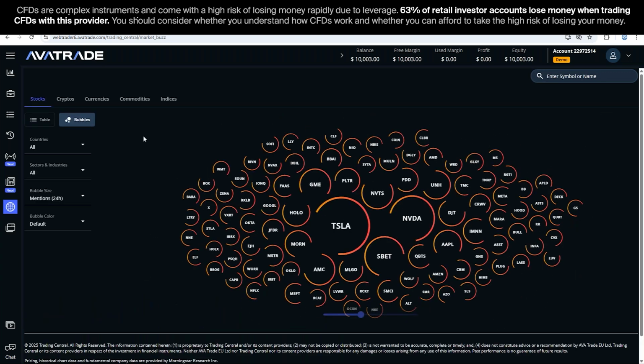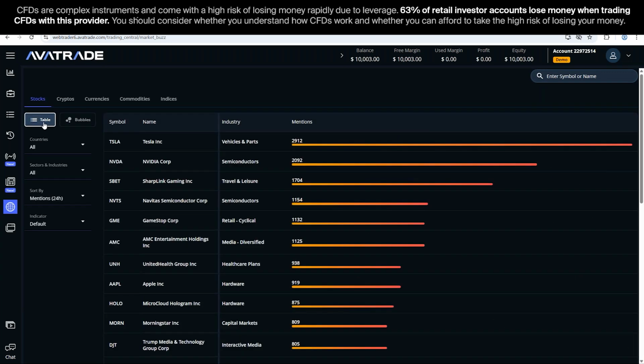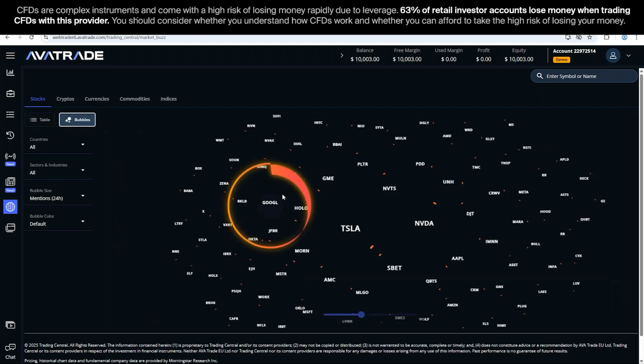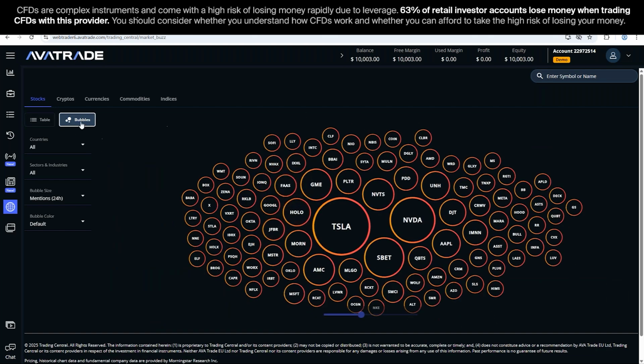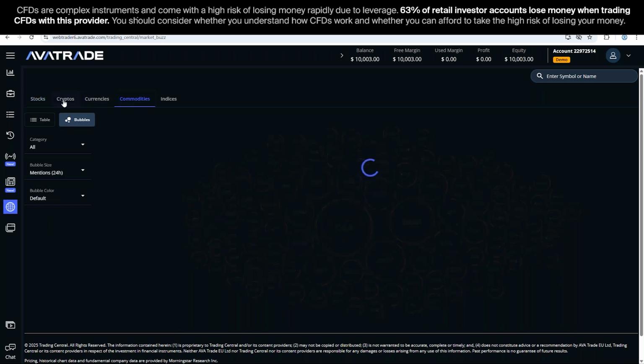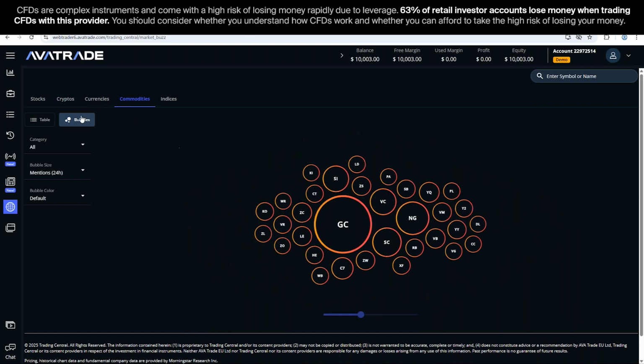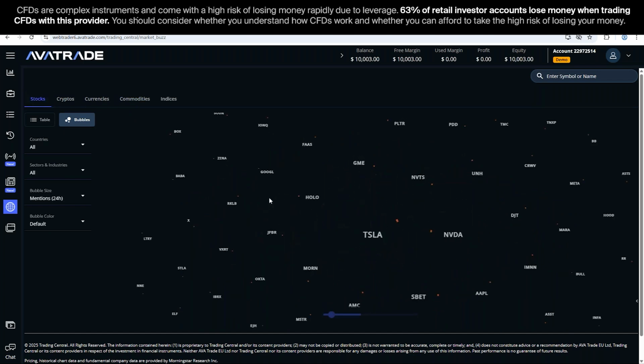It can also be displayed as a list if we click on the table, so we can change how it looks. But I think this way it's kind of interesting. So we can choose just one of the stocks in here. We can filter to different things, commodities and cryptos and other things as well. But let's stay with stocks at the moment.